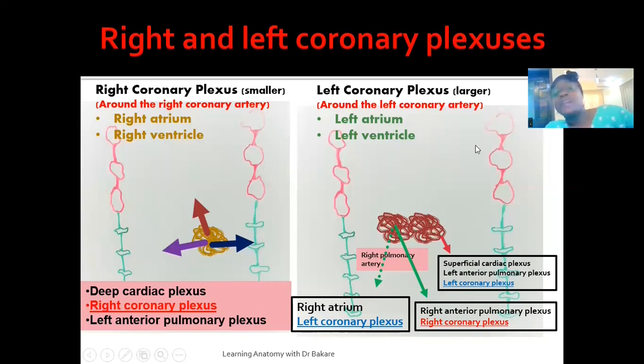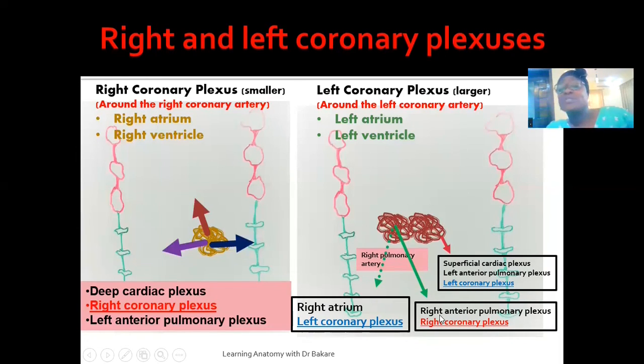So if you look at the branches that the superficial and the deep cardiac plexuses give, you will see that in forming the right coronary plexus, we have branches from the superficial cardiac plexus, and we also have branches from the deep cardiac plexus. Specifically, the right side of the deep cardiac plexus, which is highlighted here in red, and also the branch that is seen to pass anterior to the right pulmonary artery.